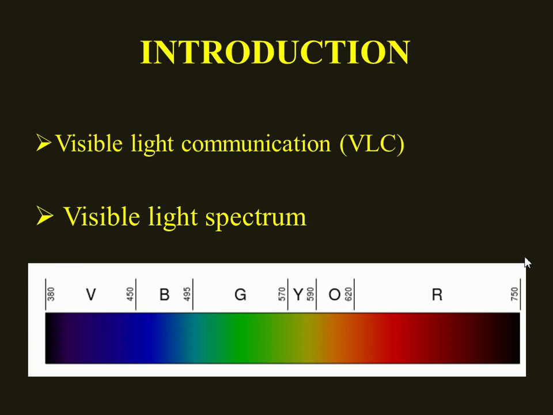As you all know, visible light is all around us, and it is easily perceived visually as part of the electromagnetic waves. The visible spectrum covers wavelengths of 380 nanometers to 750 nanometers.